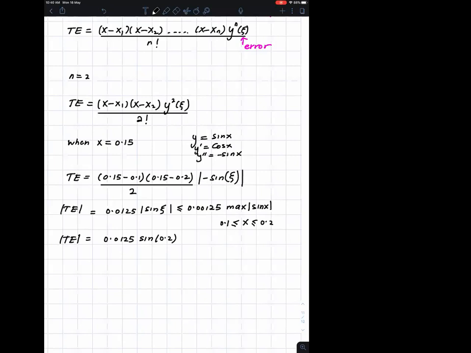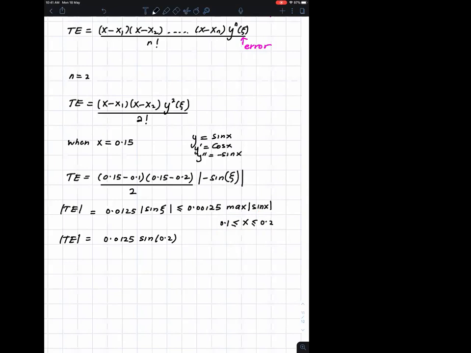We replace x with 0.2 because of the condition that says the maximum value of sine x. Sine x will be bigger for a bigger number, right? So sine 0.2 will be bigger than sine 0.1. So we put sine 0.2 here.